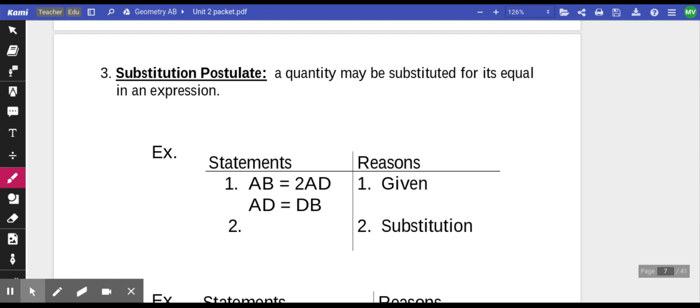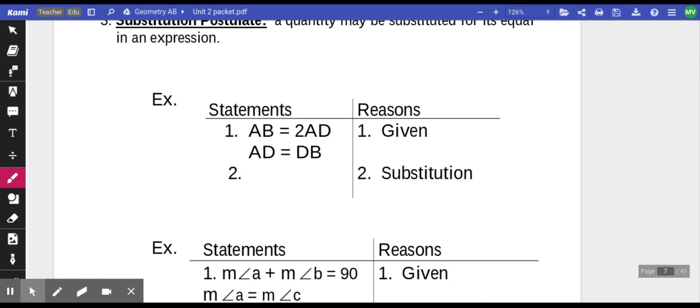So if we look at this example, we know that AB equals 2 times AD, and then we know that AD equals DB. So what we can do is we can substitute DB in for AD in that equation. So that would mean that AB is equal to 2 times DB. And that is substitution.